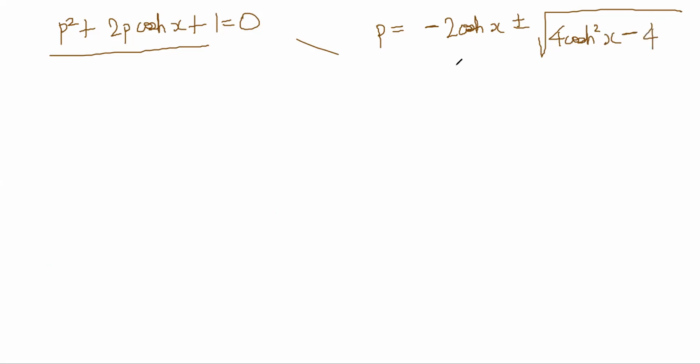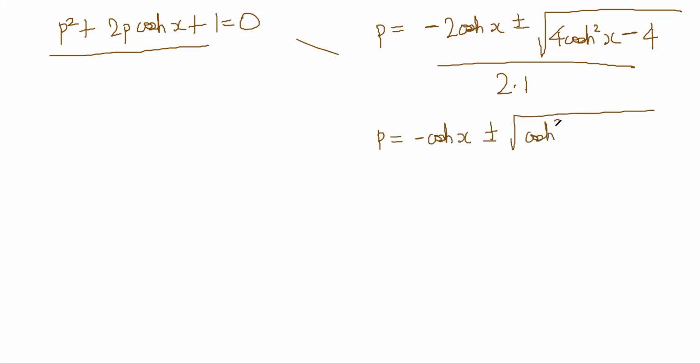all divided by 2 into 1. Now the 2 all gets cancelled. So p is equal to minus cos of x plus minus root over cos of x whole square minus 1. But just now we saw this identity: cosh square x minus sinh square x is equal to 1.